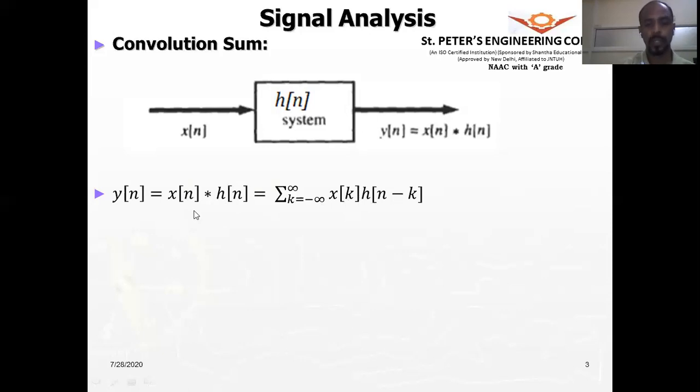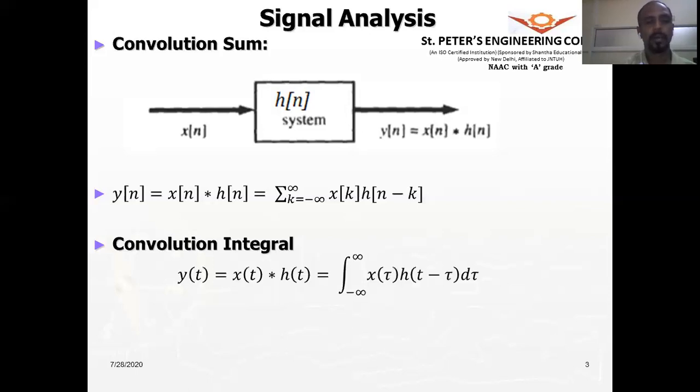Let us go to continuous time so that you understand it more simply, because so far we have been dealing more with continuous time signals. In continuous time, we call this the convolution integral, and the convolved output y of t is x of t convolved with h of t.